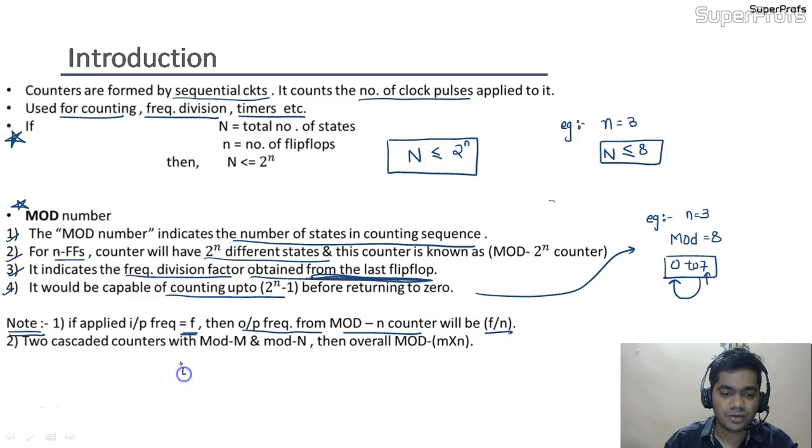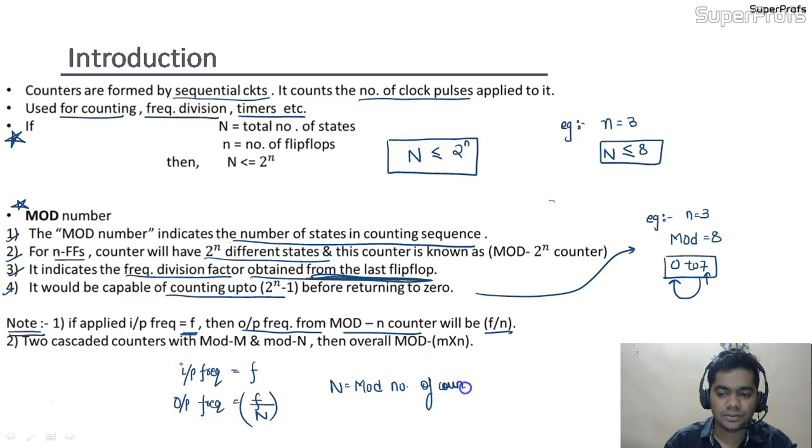So if the input frequency is given as f, the output frequency would be f by n, where n represents the mod number of the counter. So it is also indicating the frequency division factor that we get after the last flip-flop.